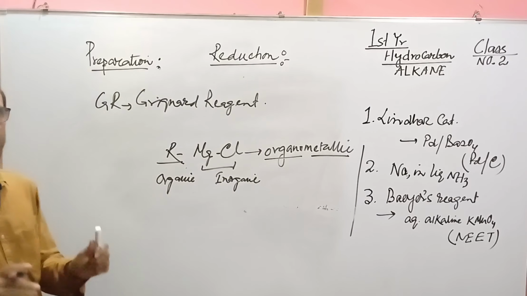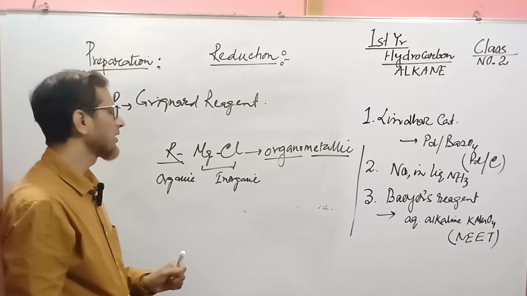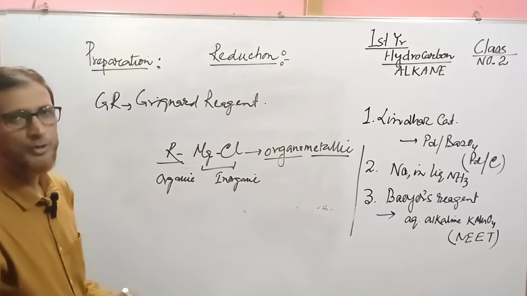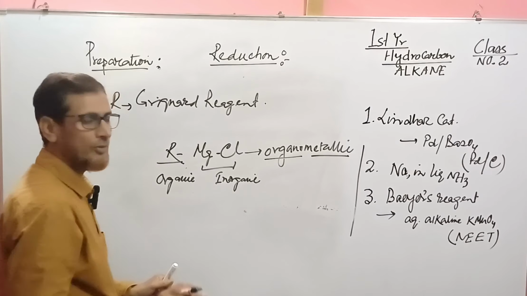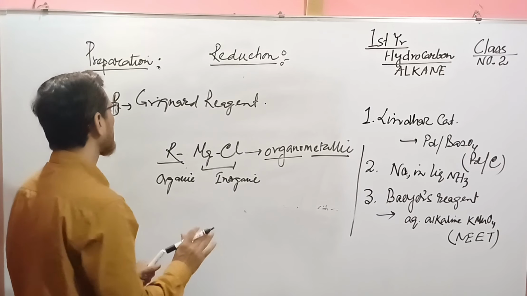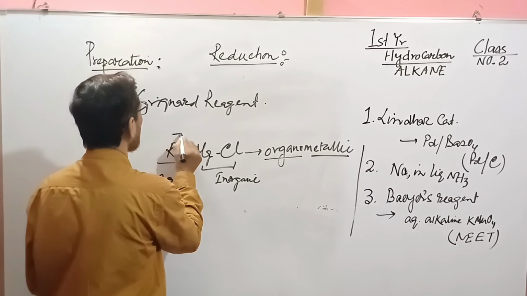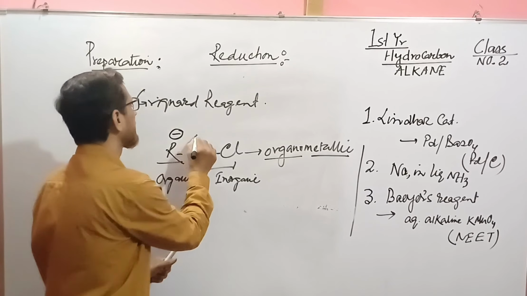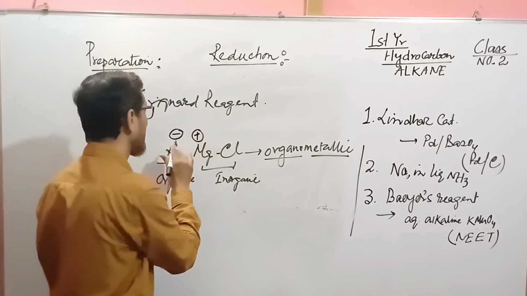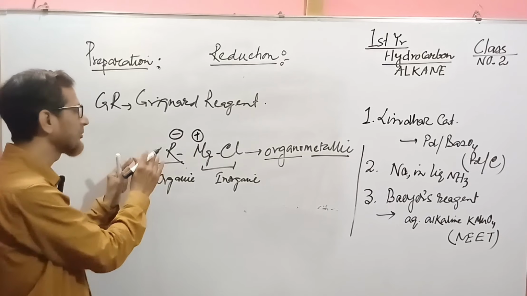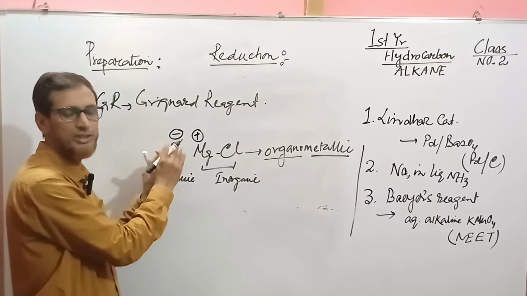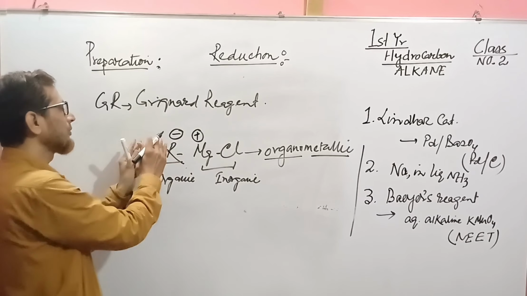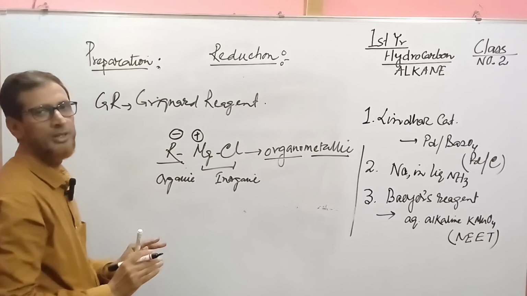One speciality of this compound, huge things are to be explained here, I am not explaining all. Just for the time being, keep one thing in your mind: this is minus and this is plus. The alkyl part may be CH3, it may be CH3CH2, maybe any alkyl. So where there is carbon, carbon will be negative and magnesium will be positive.